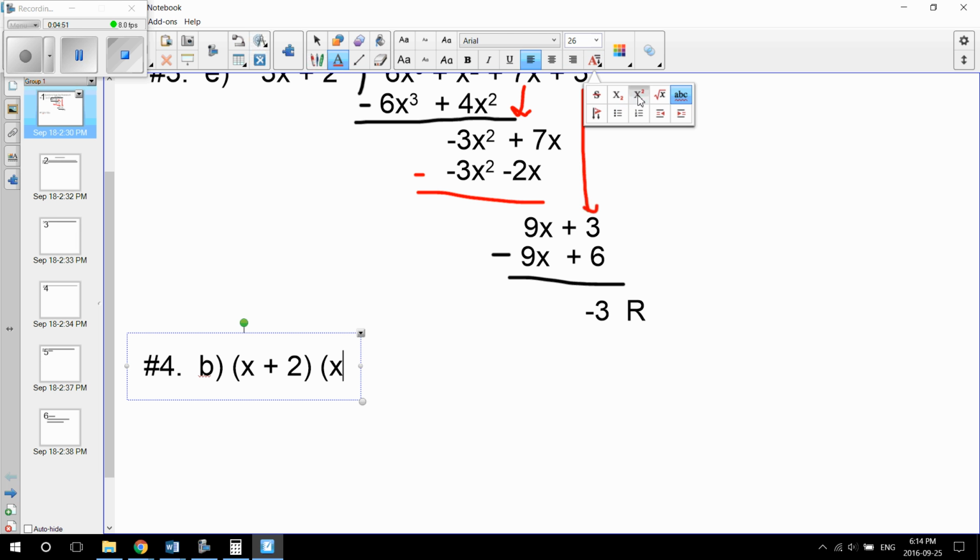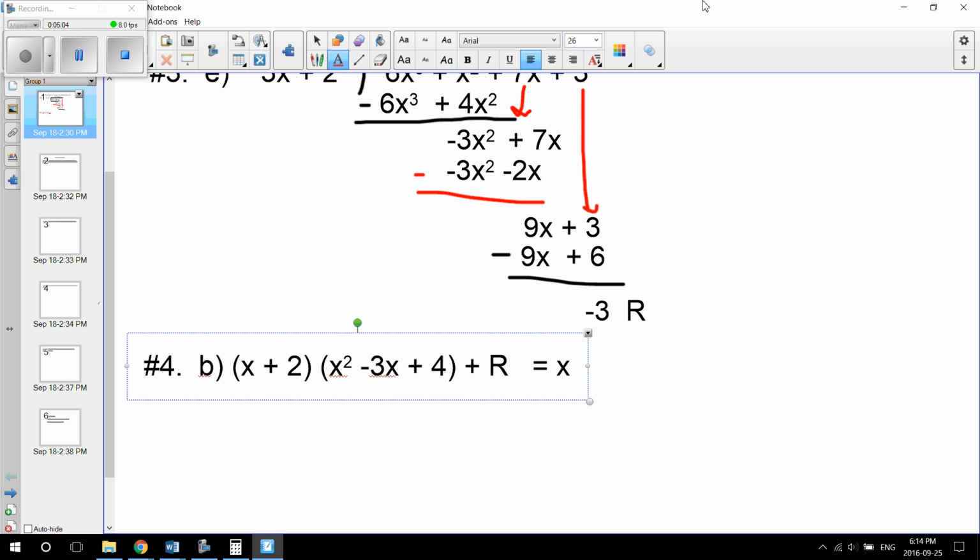And they ask you to figure out what the remainder needs to be for this to be a true statement. Be patient here while I'm typing this out.